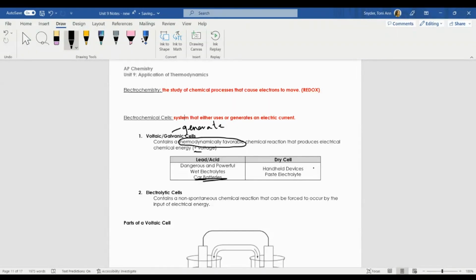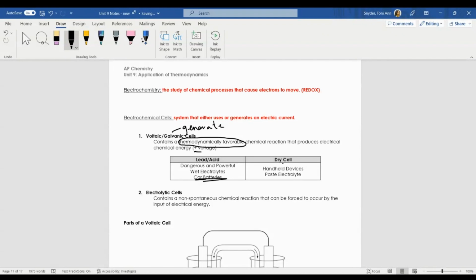You have very concentrated sulfuric acid in that battery, and you have some electrodes in there, and there's some redox reaction occurring, and that reaction produces a very large amount of electricity, which is then used to power your car in the most simple of terms. So that's one type of battery. These tend to be wet electrolytes, where you have your solution of sulfuric acid.